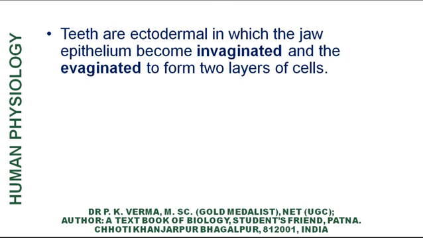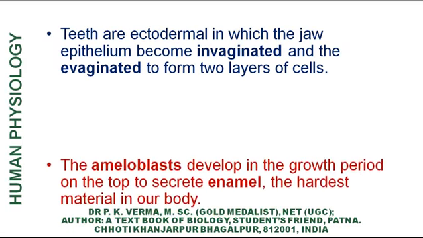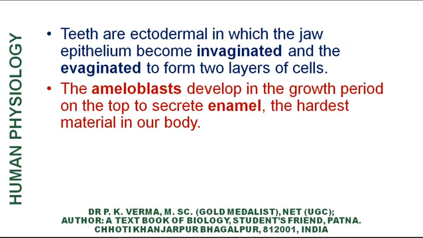Teeth are ectodermal, in which the jaw epithelium becomes invaginated and then evaginated to form two layers of cells just like an inverted cup. The ameloblasts develop in the growth period on the top to secrete enamel, the hardest material in our body, but in adults, enamel is not formed freshly because there is no ameloblast on the top layer.